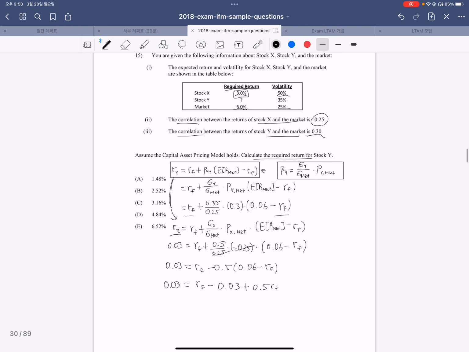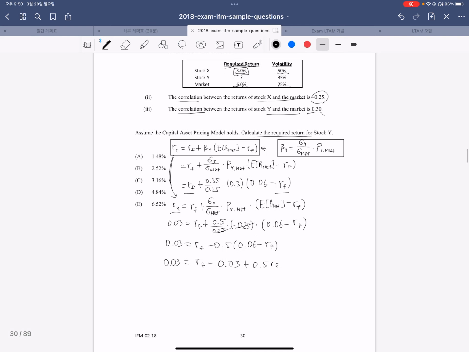The left side would be the same. And by moving this constant to the left side, we get 0.06 equals 1.5 RF. So we can know that the risk-free interest rate equals 0.04.